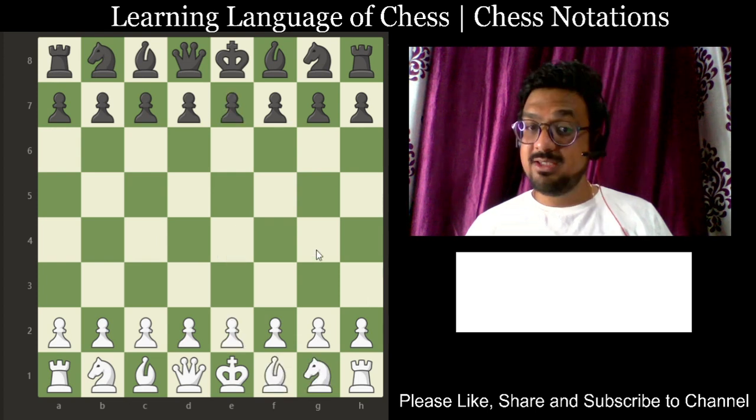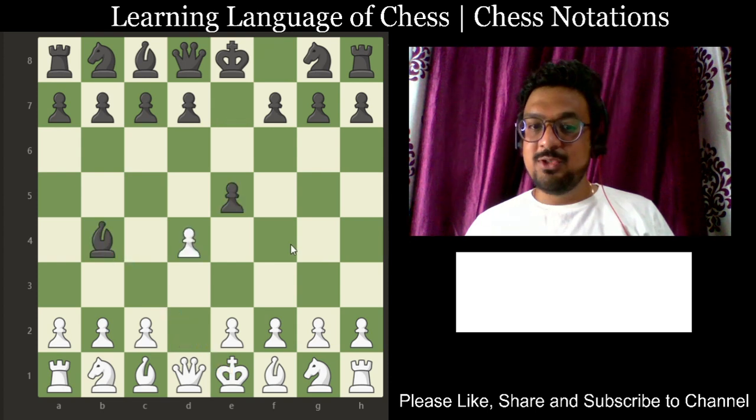So the first basic notation is the check. So whenever you check a piece, so now what happened? White played d4, played e4, say white played knight f3, and black gave bishop to b4 check.